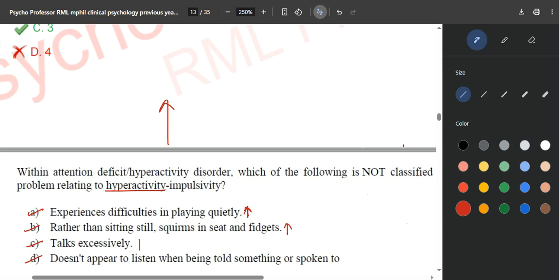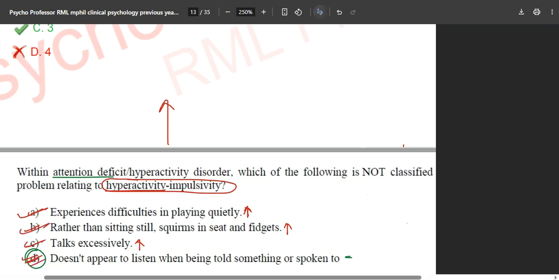Talks excessively: activity is hyper. But in this option only, doesn't appear to listen when being told something or spoken to. Over here it is attention that is deficit, but we are talking about the problem relating to hyperactivity and impulsivity. This becomes the answer, and the correct answer is option D.